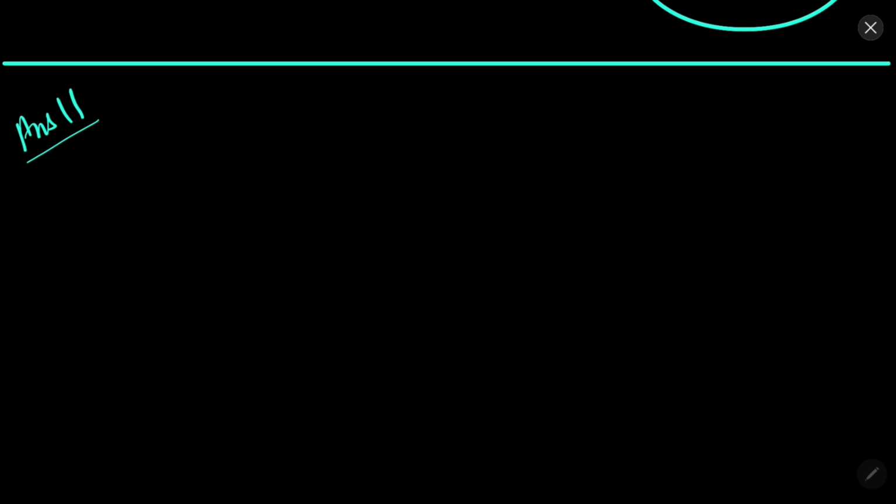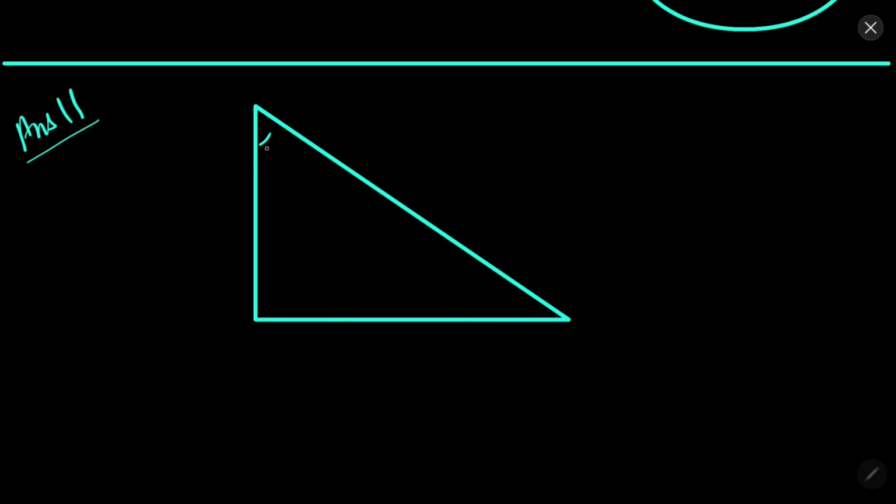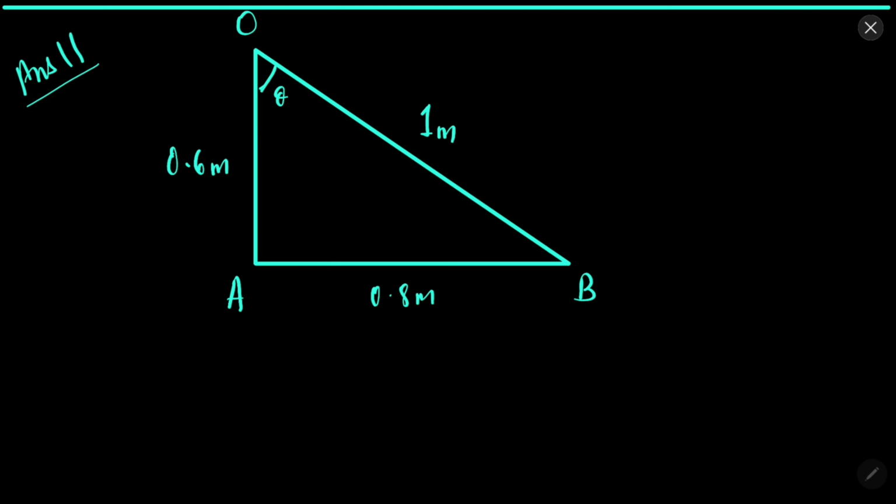So the situation is like this. Let's say this is theta, this is 0.8 meter, A, B, let's say this is O, this is 0.6 meter, this is 1 meter.